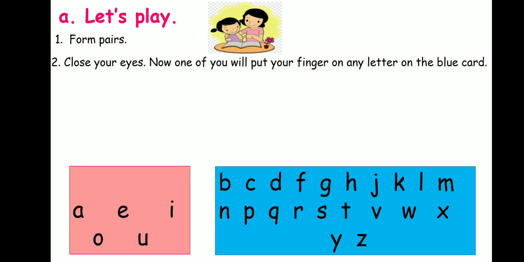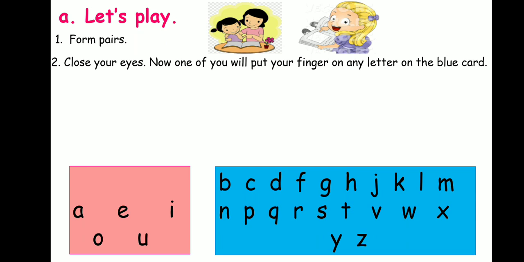Next, close your eyes, and now one of you will put your finger on any letter on the blue card. So suppose that one of you is you, that is the student. In this picture, you can see the girl's eyes are open, but you have to close your eyes. And suppose you can't close your eyes for any reason, you turn your face ahead like this girl.